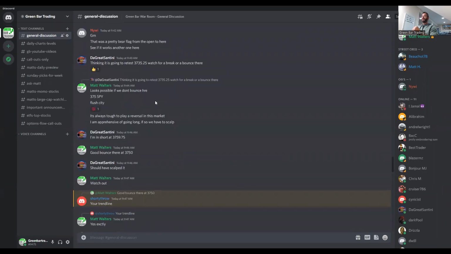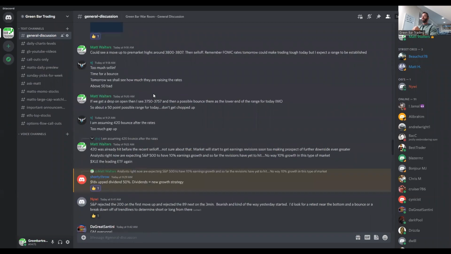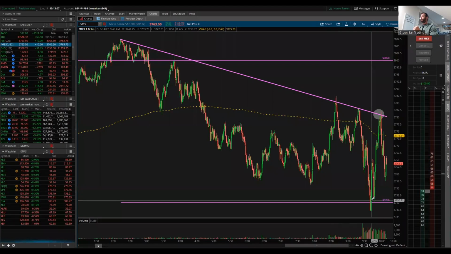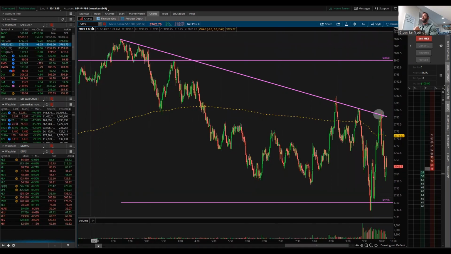Just going back here, before the market opened at 9:20, I wrote, if we get a drop on open, then this is the number that we were looking at. Possible bounce from there. So that is pretty much spot on of what we saw, and it gave us a 30-point move in just a few minutes. So this was something people were looking at.